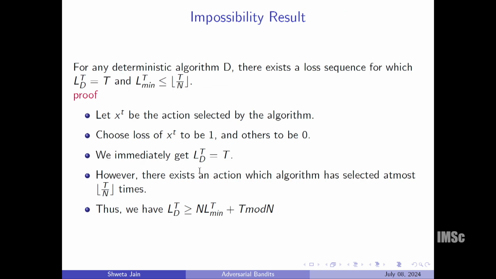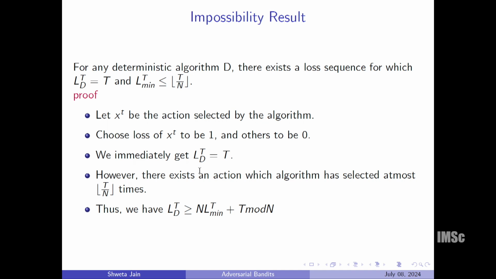And this is the theorem. For every deterministic algorithm D, there exists a loss sequence for which your deterministic algorithm incurs a loss of T, whereas the optimal algorithm incurs a loss of T by n. And this is easy. This is why you basically get T minus T by n.